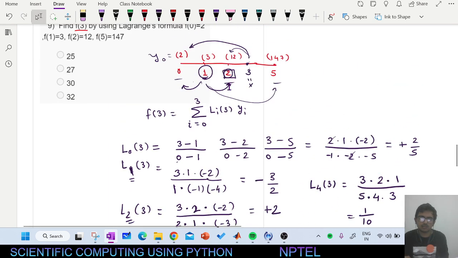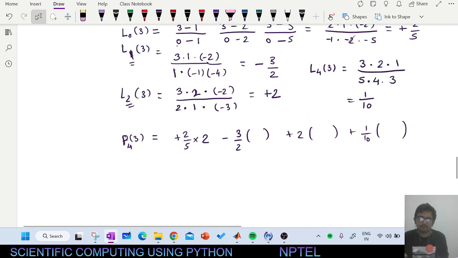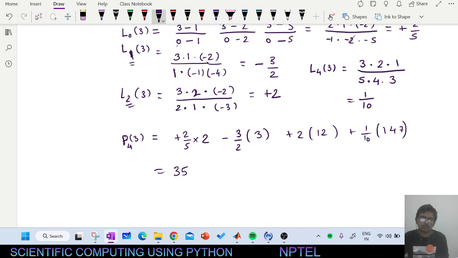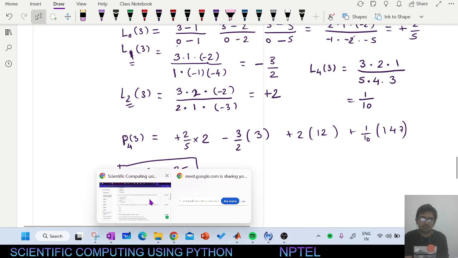And those values are 3, 12, and 147. Now I won't do this one, but it will turn out to be 35. Okay, so this is the answer, f of 3 or P3 of 3, whatever you want to call it. It will be 35.